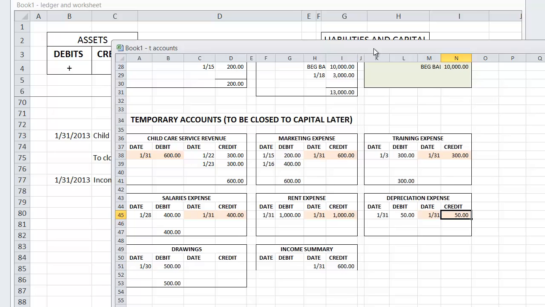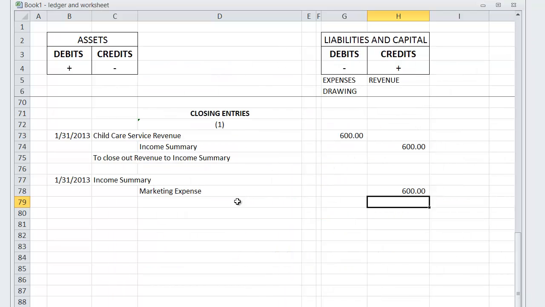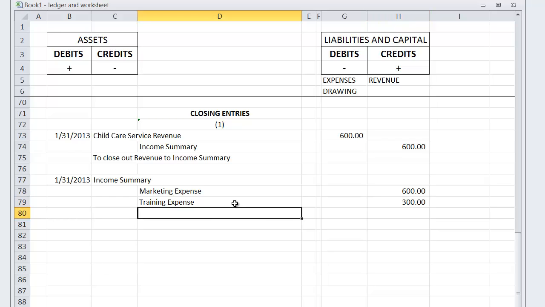And we're going to do the same thing for all the other ones. So training expense had a balance of $300, so we're going to credit $300. Salaries expense had a balance of $400, so we're going to credit $400 to get rid of that.